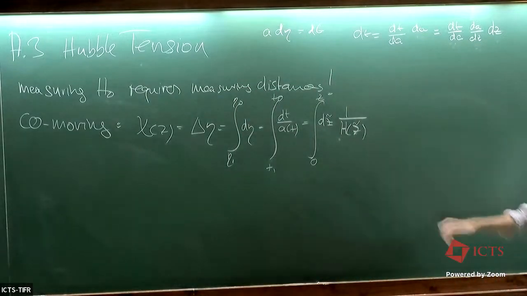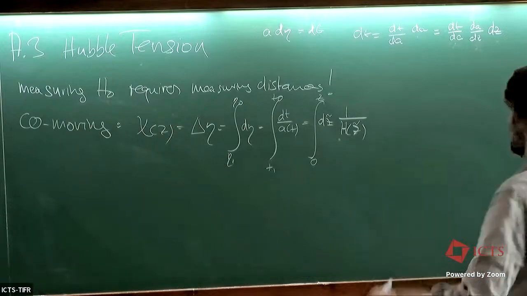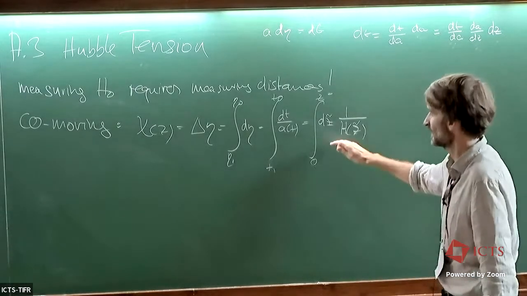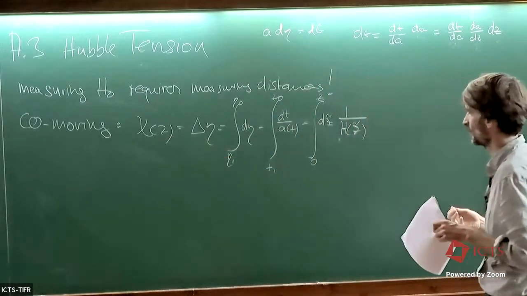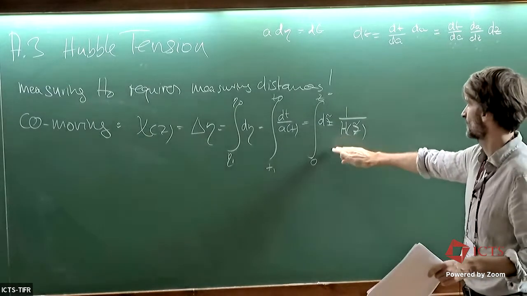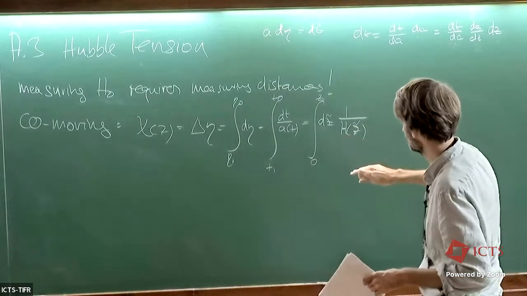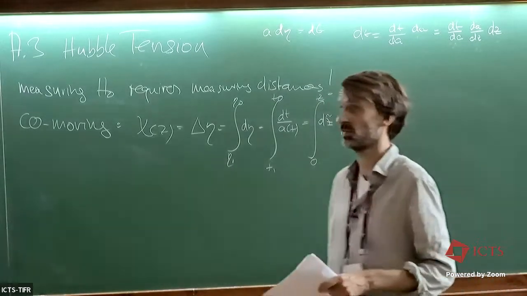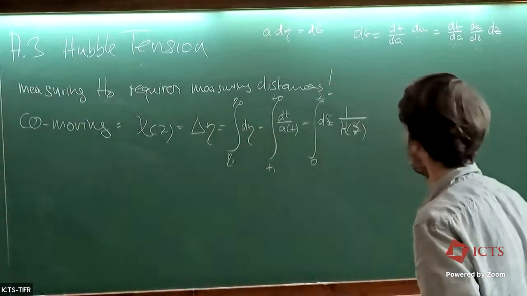And the inverse Hubble parameter, this was the first formula I wrote down today, we have in terms of the energy budget. So suddenly we have rewritten this conformal distance in terms of quantities which we have control over. So we have parameterized it in terms of the energy budget via the expansion history and the redshift of the source, which is also something we typically have experimental access to.